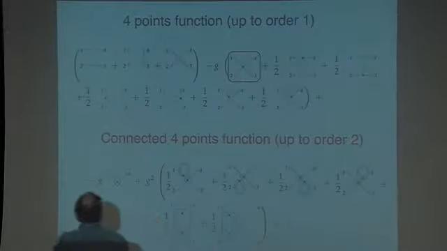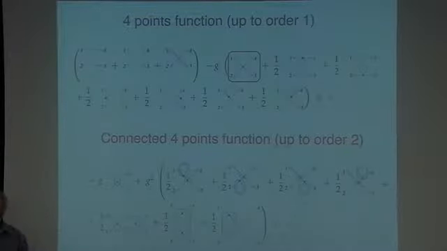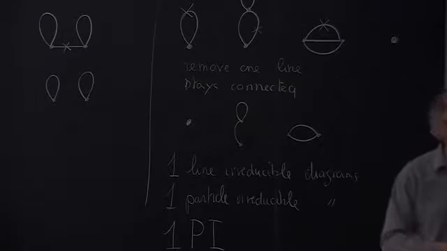I consider that the single vertex is irreducible, because a diagram is irreducible if when you remove one line, it stays connected. But if you have no lines to remove, it always stays connected. Okay. So by definition, this is also irreducible. Take it as a definition.